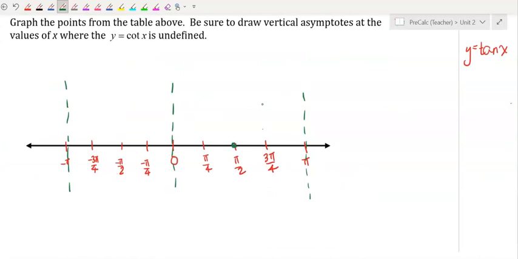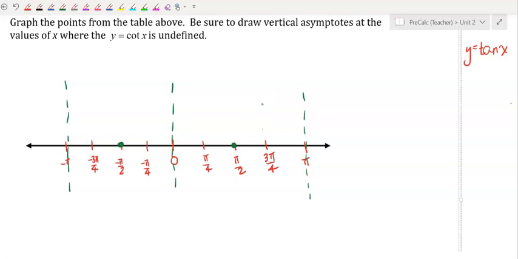Now, am I saying every time you have undefined, the reciprocal is 0? No, I'm saying the reason for that is because the value we had to use to get undefined for tangent was 1 over 0. Okay, so now I've got zeros right there at negative pi over 2 and pi over 2.